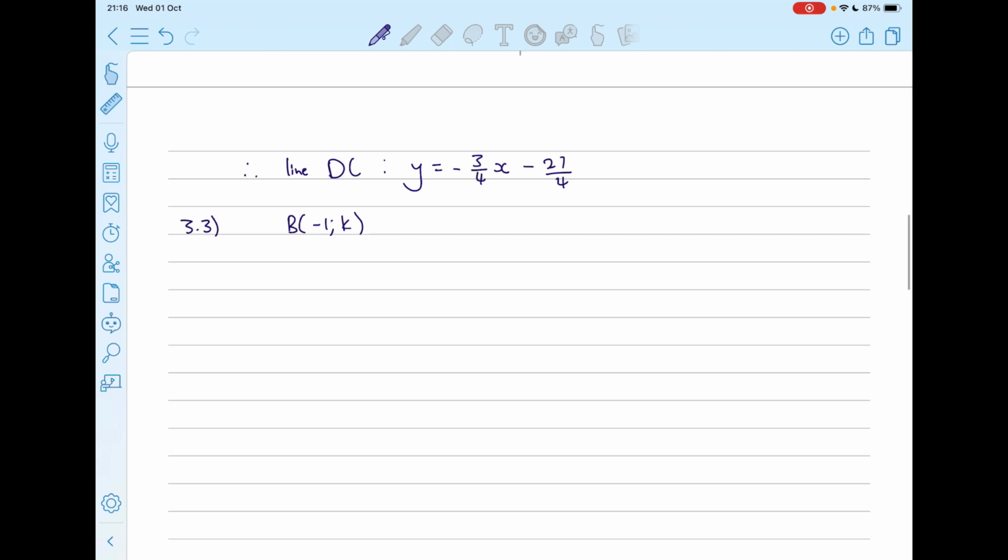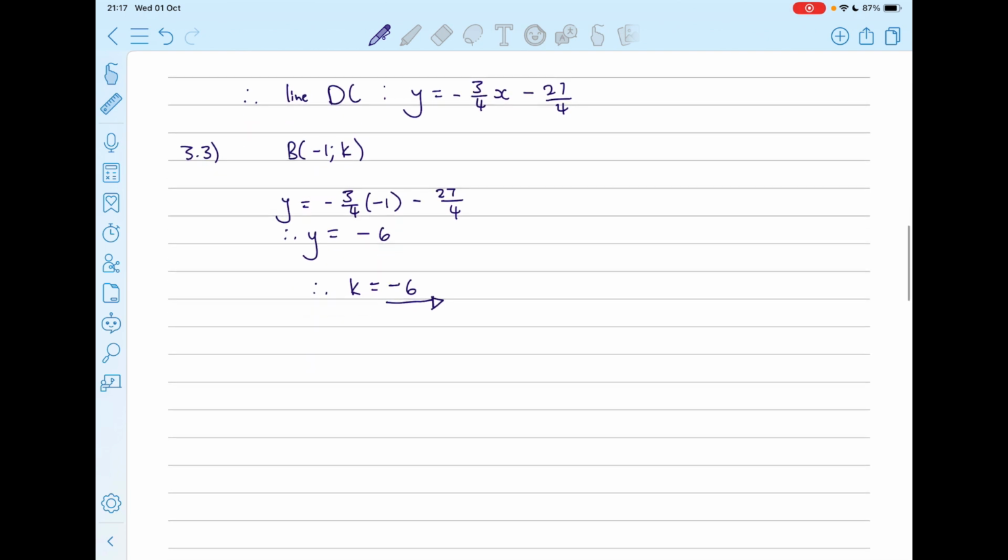And then we substitute the x. So y will be equal to -3 over 4 multiplied by -1, and then we subtract 27 over 4. And we get a y value that is equal to +3 over 4 minus 27 over 4. And putting that in your calculator, you do actually get -6 indeed. So we can therefore say k is equal to -6, and that is our solution.